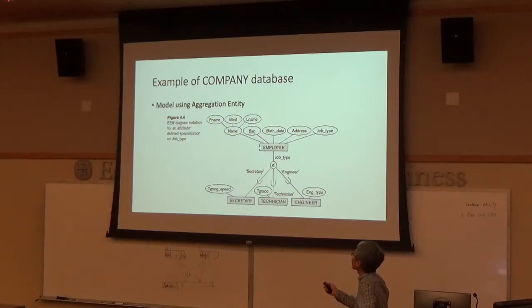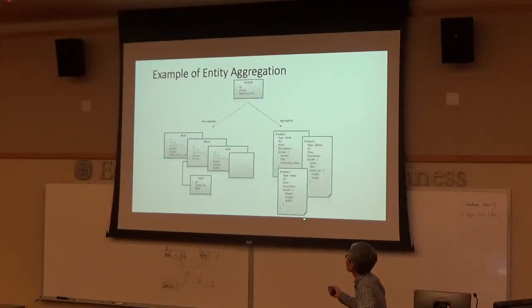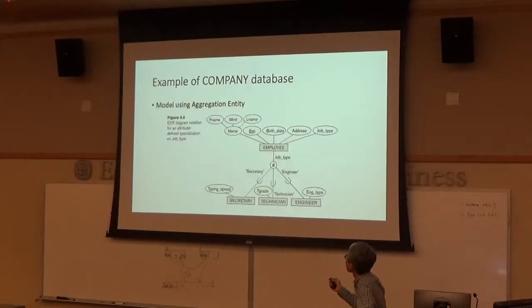So we can do a similar thing for the company database. We discussed a lot in the ER modeling, and when we convert into the relational schema diagram, we can say there are different options. But if we are using such aggregation, we can create the employee.